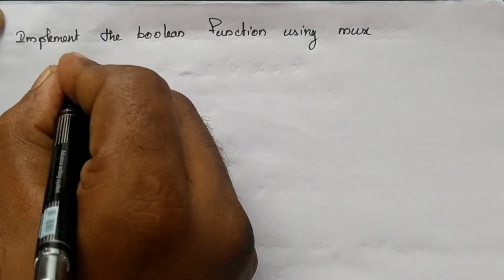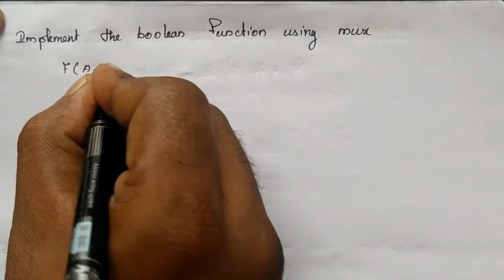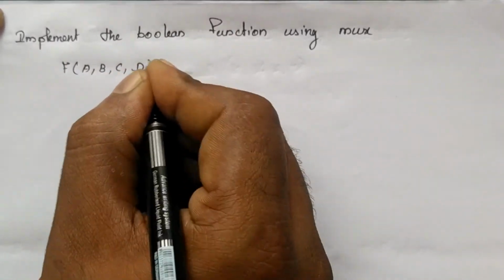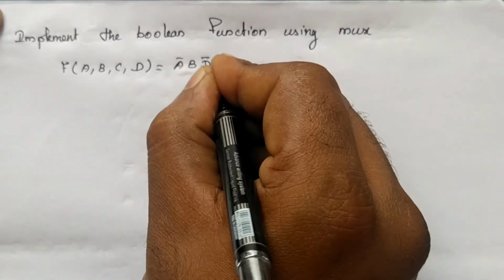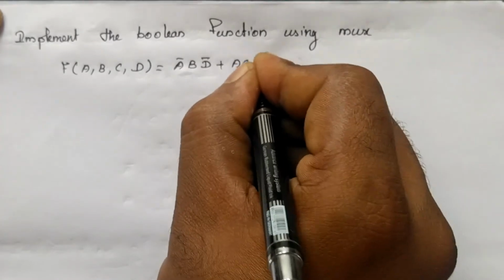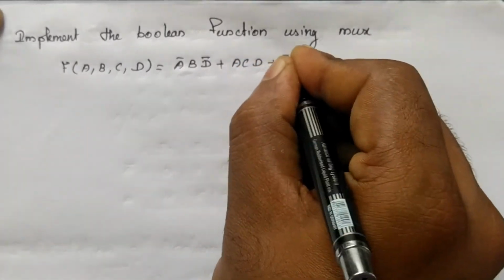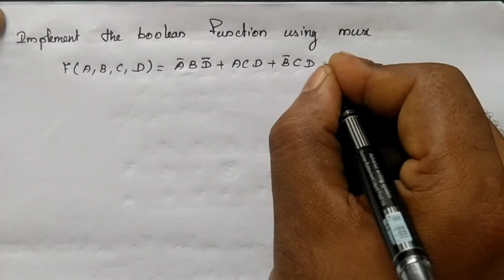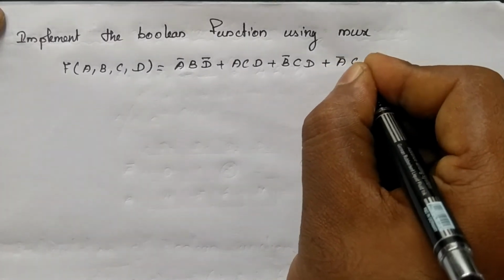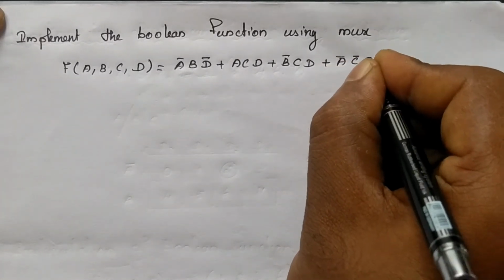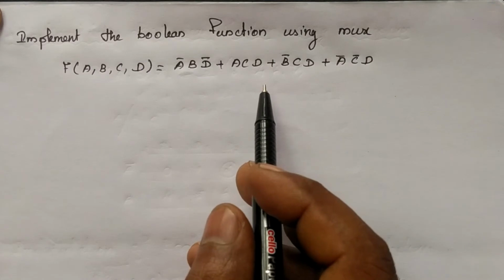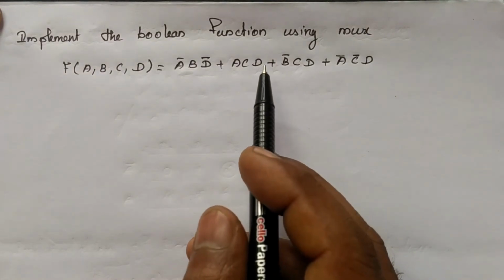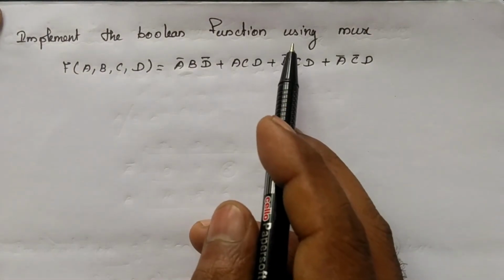Here f(a, b, c, d) = a bar b d bar + a c d + b bar c d + a bar c bar d. The question is twisted here: they have given the algebraic expression and they ask us to implement it using mux.